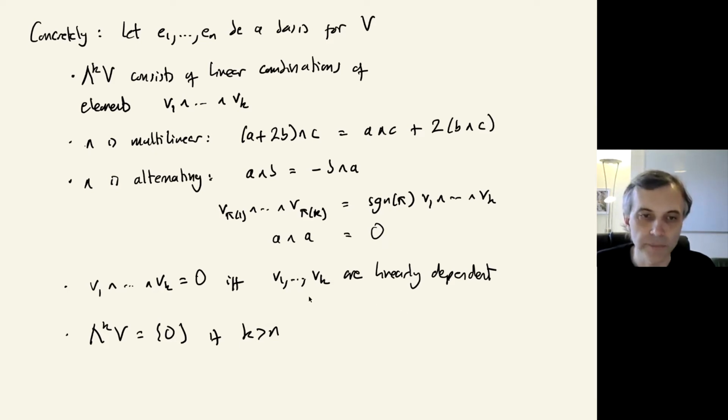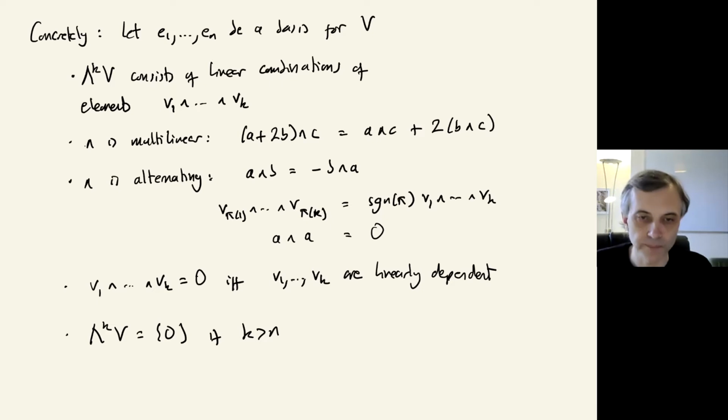Okay, let's see what else. v1 wedge ... wedge vk is 0 if and only if v1 up to vk are linearly dependent. So you can think of a wedge of k vectors as in some sense encoding the subspace that they span together with an orientation.